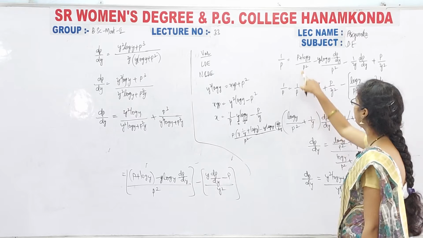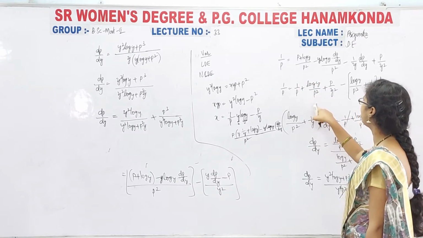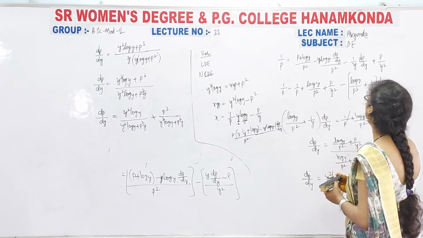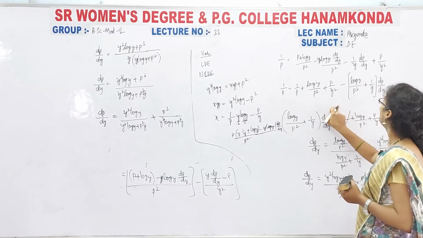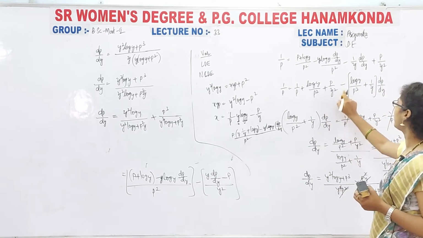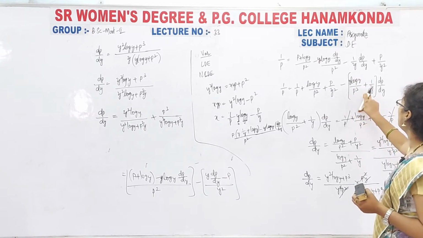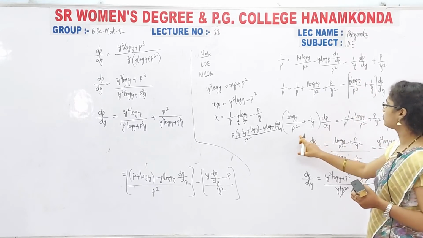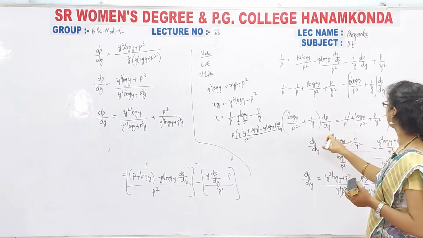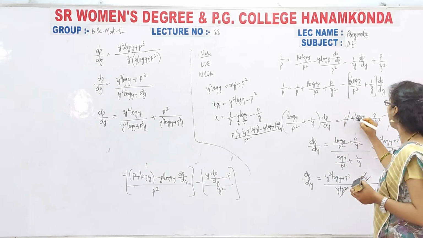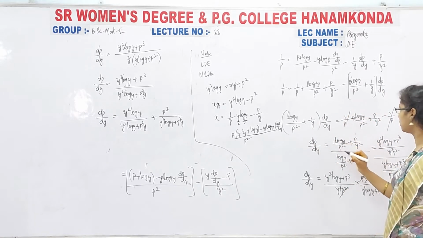Okay, now 1 by p plus log y by p square minus p, plus p by y square, and next minus here it is y log y by p square plus, okay, done. So here same thing, here we have that y log y, and here also.